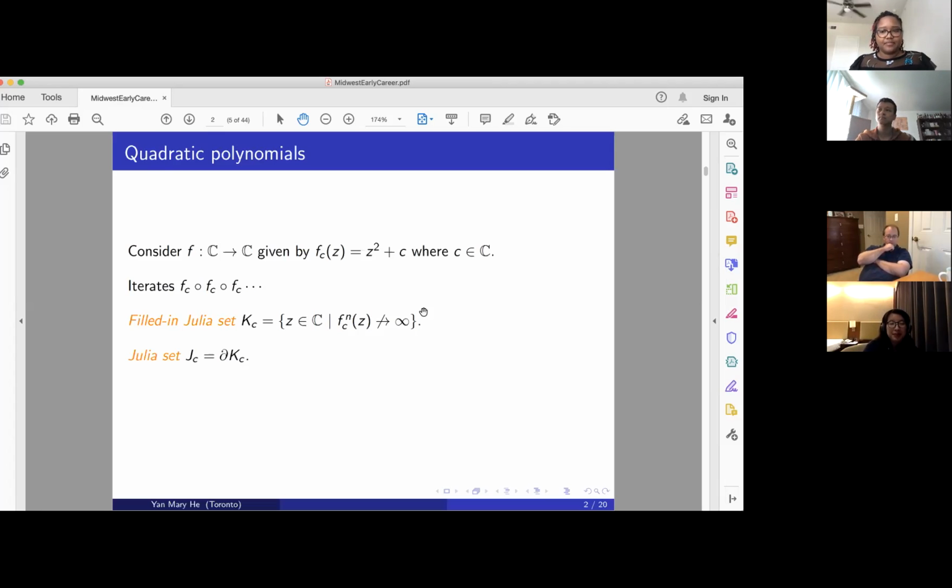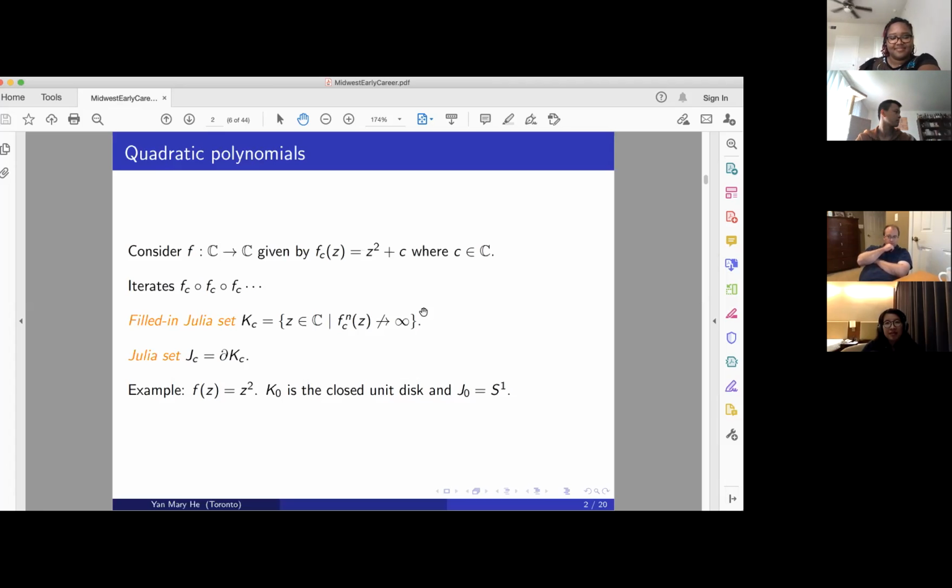So to give you an idea of what is a filled Julia set and what is a Julia set, let's take the simplest example. So we start with f of z equals z squared. And then in this case, the filled Julia set is the closed unit disk, because those are the points in the complex plane such that they do not go to infinity if you keep squaring the complex number, right?